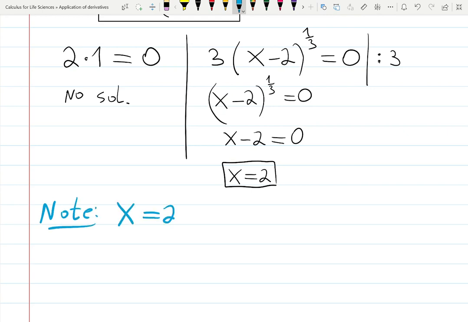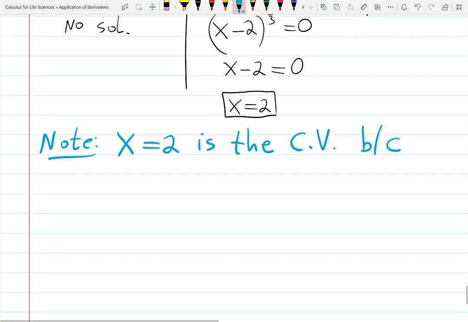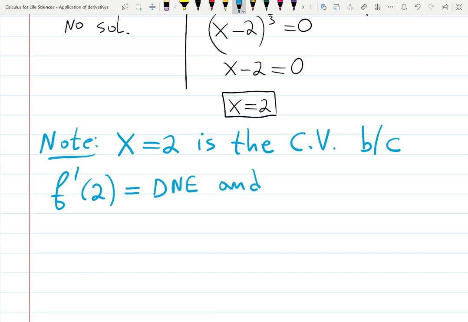X equals 2 is the critical value because the derivative at 2 gave me DNE, and it's also in the domain, and X equals 2 is in the domain.